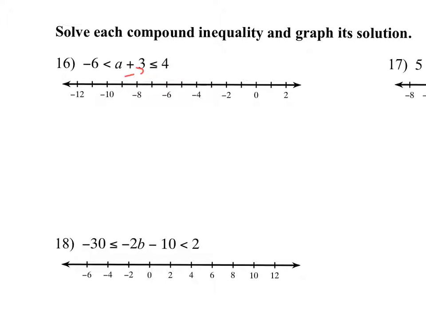I could subtract 3 from all three parts of the inequality, in which case I'll get a is greater than negative 9, and it's also less than or equal to 1. So here's 1. It can be equal to 1, so it's darkened. Here's negative 9. It cannot be equal to negative 9, but it can be all of those values in between.